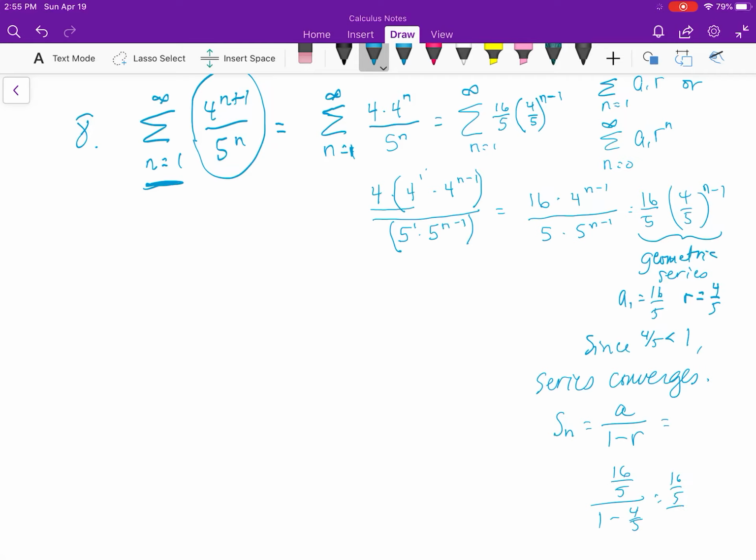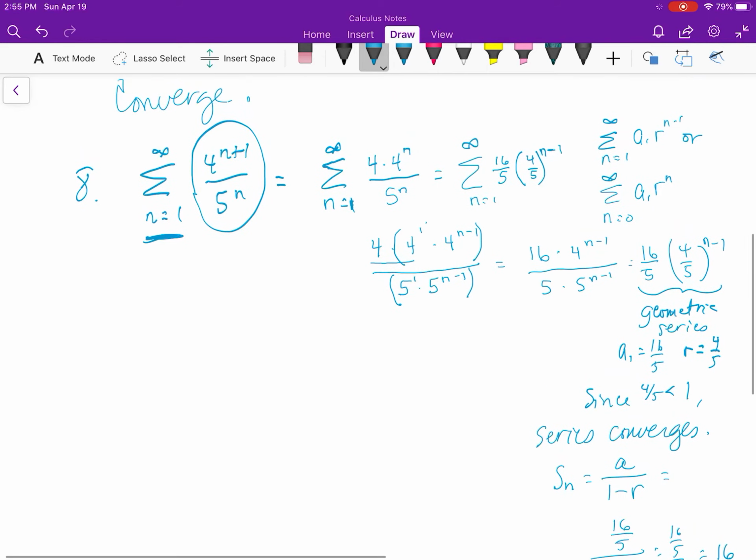And the sum, a over 1 minus r, is 16/5 over 1 minus 4/5, which is 16/5 over 1/5, so that's 16.